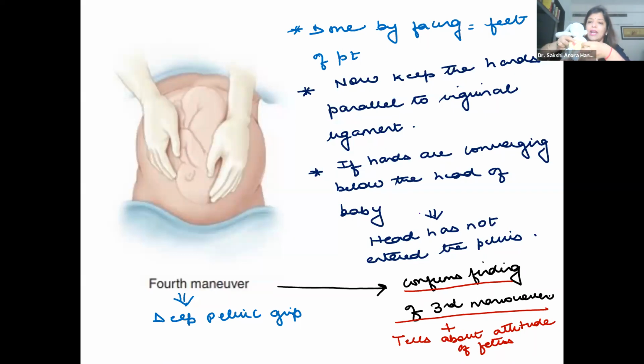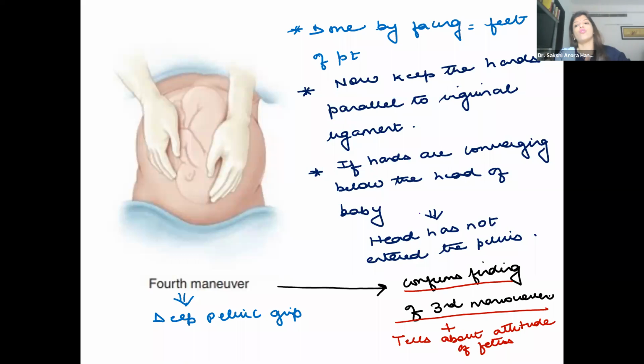The moment the head enters the pelvis, my fingers cannot converge below the presenting part and my fingers will diverge. If your fingers are diverging, that means the head has entered the pelvis. So it is again confirming what was told to you in the third grip.